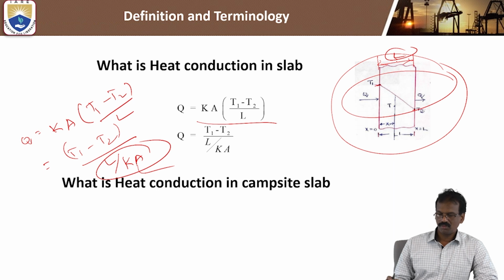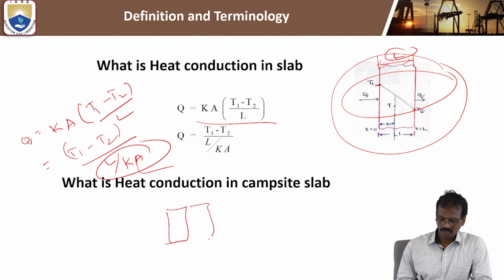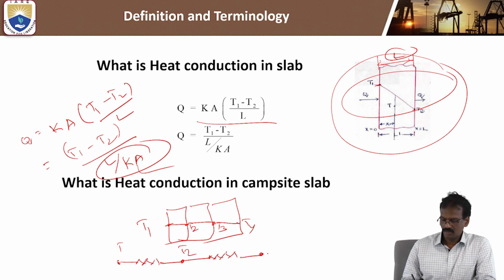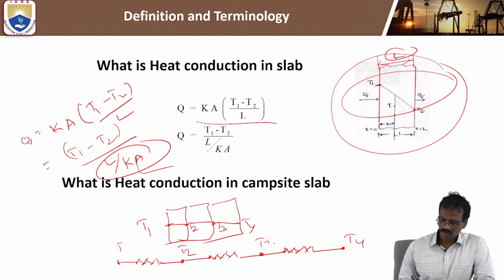If you consider more number of slabs, just like this is one slab, this is another slab, this is another slab, this is the temperature T1, this is T2, this one is T3, this one is T4. The electrical analog formula is T1, resistance of the first one, T2, resistance, T3, resistance, and T4.